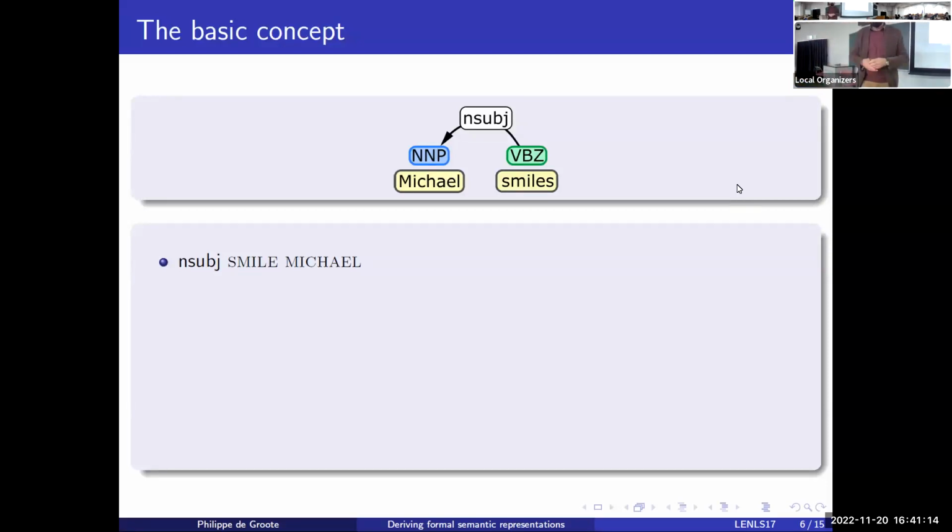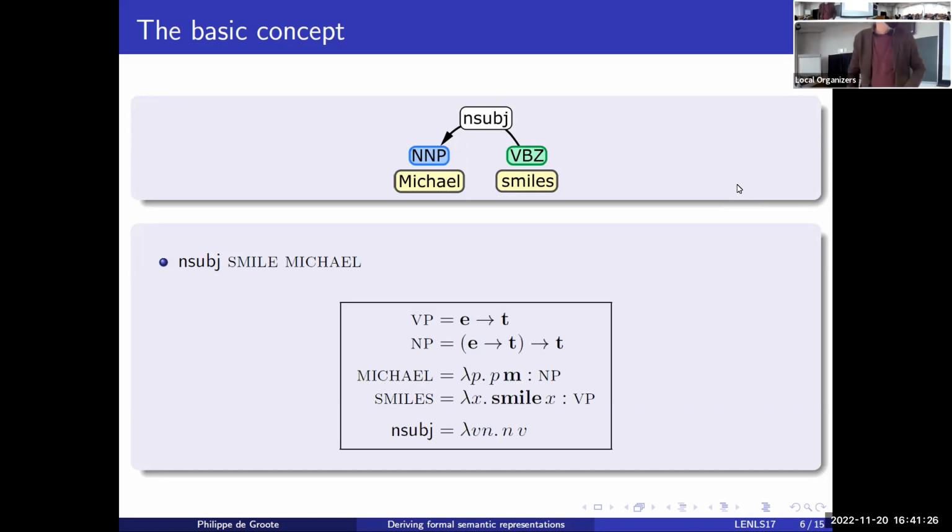And then, if we stick to the meaning given in a sort of standard Montague semantics of verb phrases and noun phrases, which would be like this, noun phrases being like type-raised entities, and verb phrases being like predicates, then the dependency should just assemble those two recipes, and in this case it's quite easy.